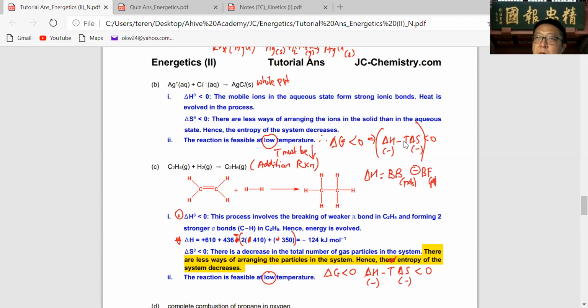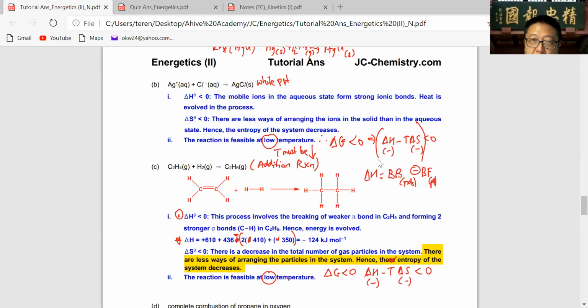So a negative number minus a number will definitely end up with something less than 0, which is ideal for a reaction that we think is spontaneous or feasible. We are just using maths to illustrate the relationship between your Gibbs free energy, your enthalpy, as well as your entropy.